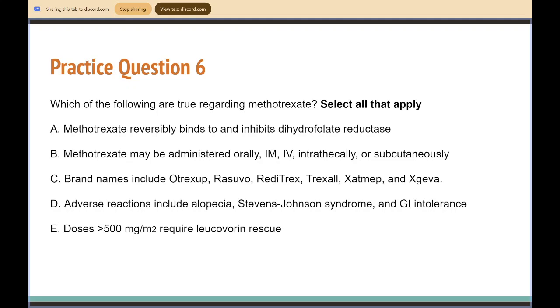Choice C, brand names include Otrexup, Rasuvo, Reditrex, Trexol, Exapmap, and Xgeva. Choice D, adverse reactions include alopecia, SJS, and GI intolerance. And choice E, doses greater than 500 mg per meter squared require leucovorin rescue.